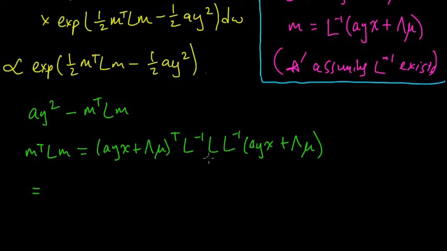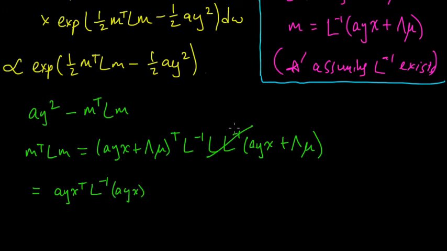Well, first we can just cancel some of that. And what do we get? I guess we'll just multiply it out. AYX transpose L inverse AYX.